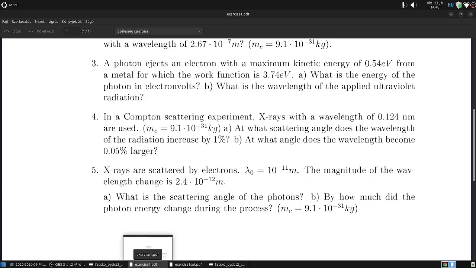Some part of the energy is given to the electron, so the electron leaves, and this changes the energy of the gamma photon. That means it changes its frequency or its wavelength in this case. If the wavelength is higher, then the energy is lower. Right?